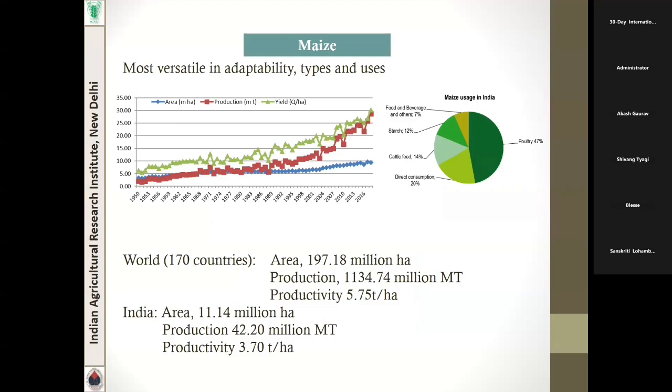Though the maize yield has improved over a period of time, there is still a gap of around 2 to 3 tons compared to the world productivity, which is around 5.75 tons per hectare. So there is scope to improve maize yield, and yield per se is our concern, to match the international productivity.